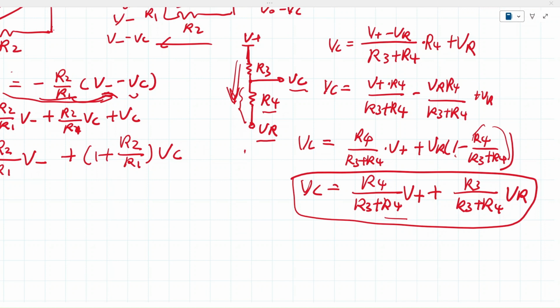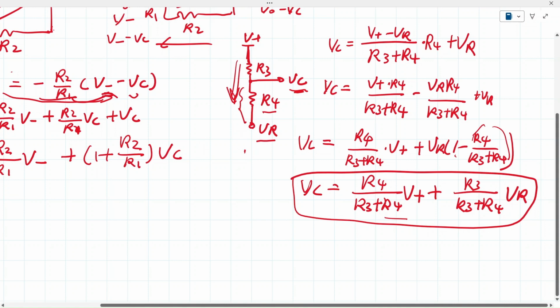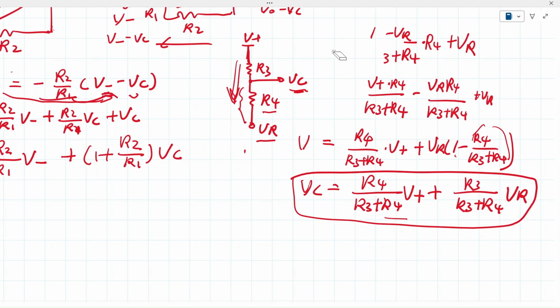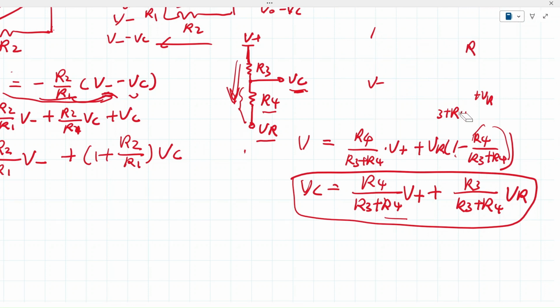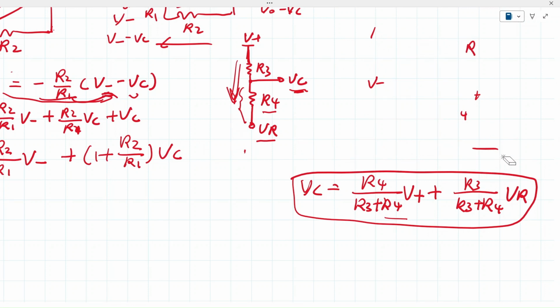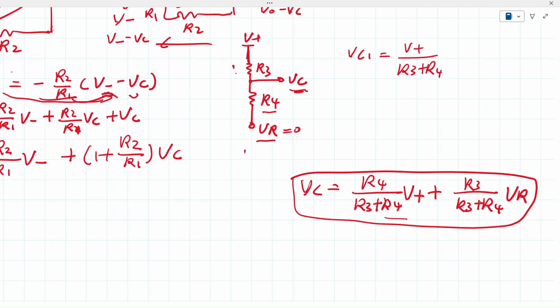Okay, another quick way to figure out what VC is. There are different ways. I'll just erase everything here. What we can assume is, if there is no VR, if VR equals 0 volts, then VC, we call that VC1, equals V plus divided by R3 plus R4 times R4.